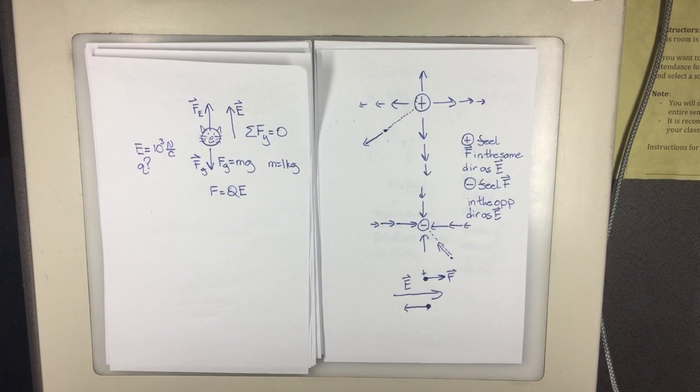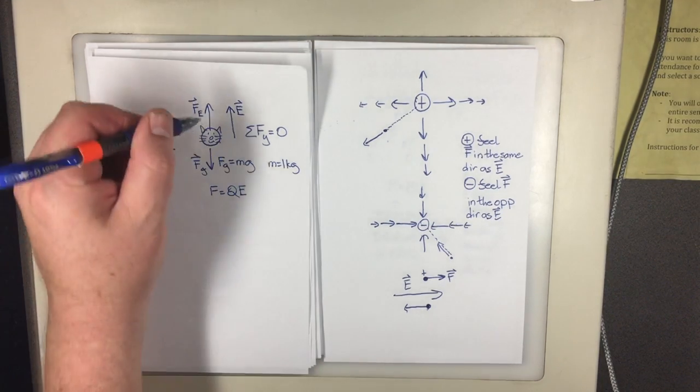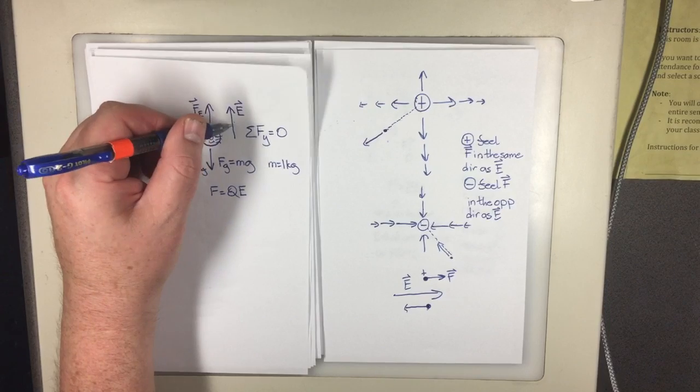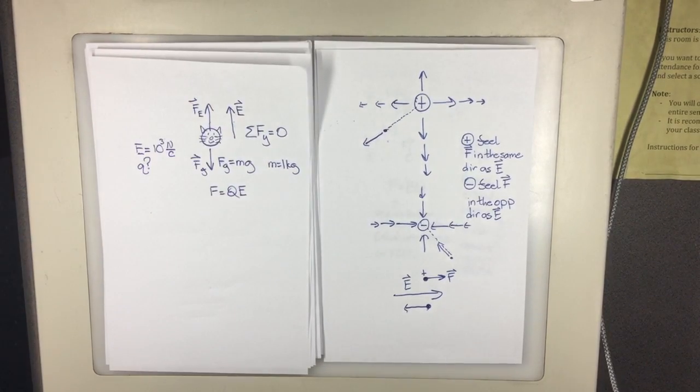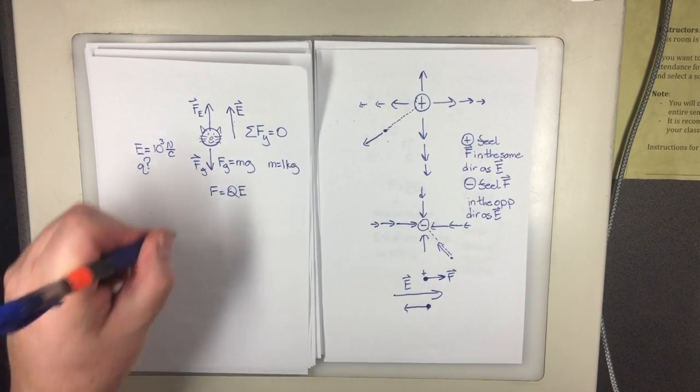So if I need an electric force that is pulling up to oppose the gravity force which is pulling down, is the cat positively or negatively charged? It has to be positively charged, because in order to feel a force in the direction of the electric field, it has to be positively charged.